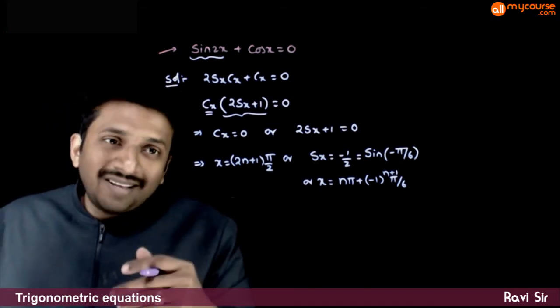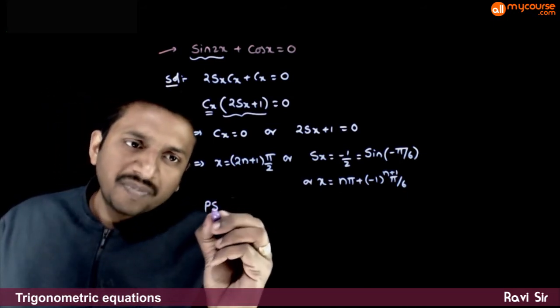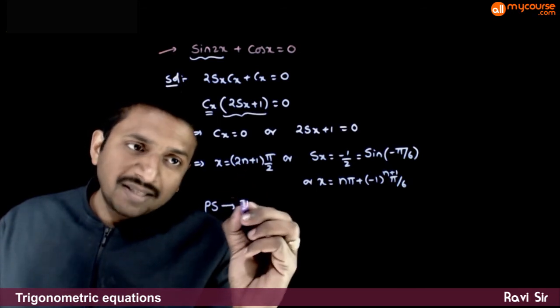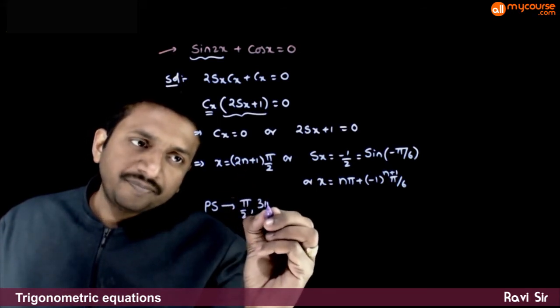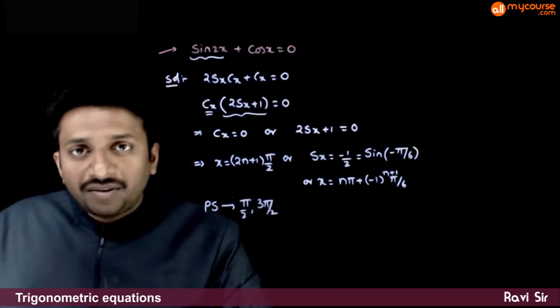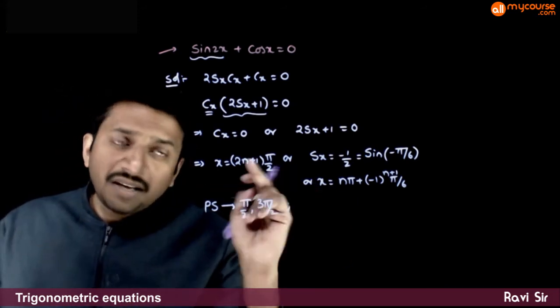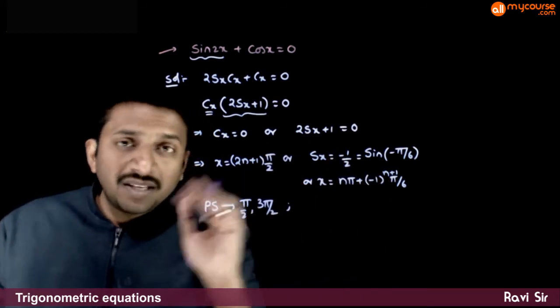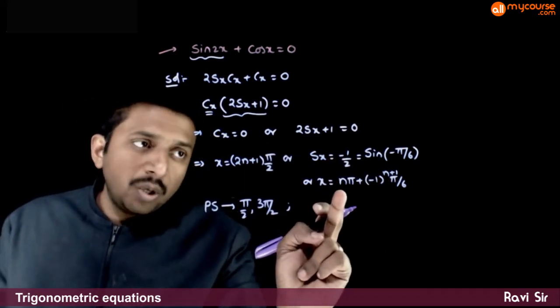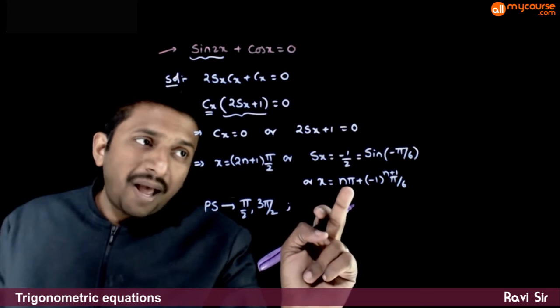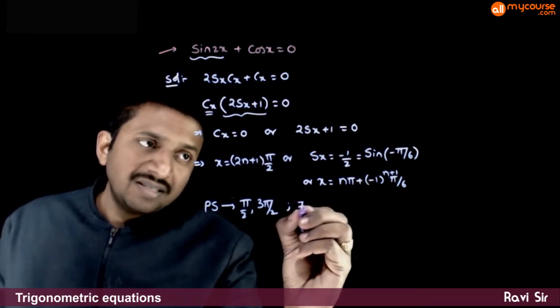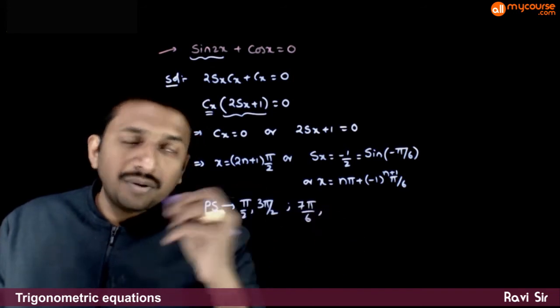If you are asked to find the number of principal solutions, you have pi by 2 and 3 pi by 2 as the principal solutions here. And here, if you put n is equal to 0, you get minus pi by 6, which cannot be considered. Start with n is equal to 1. So you have pi plus pi by 6, that is 7 pi by 6, which is okay.